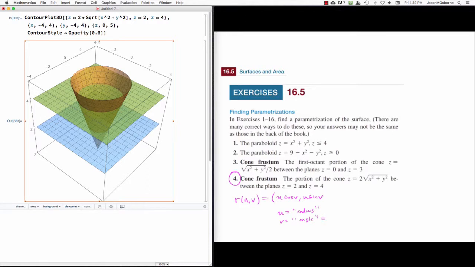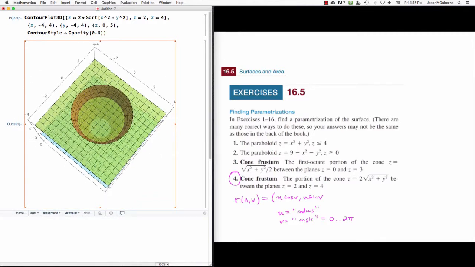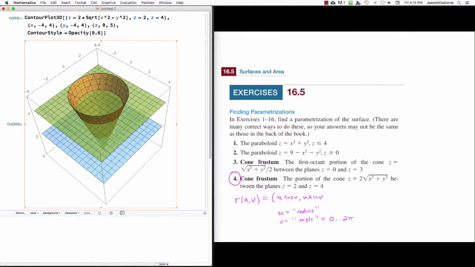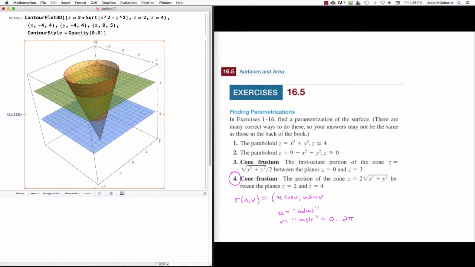And because we're going all the way around, it's a full cone. We just don't know what the radius of these circles goes from and to, and we also don't know what the z entry of the vector valued function is.